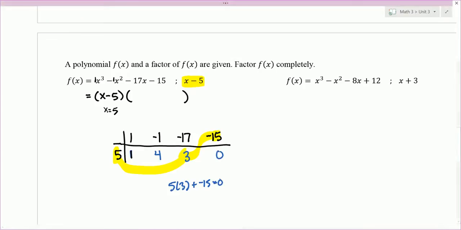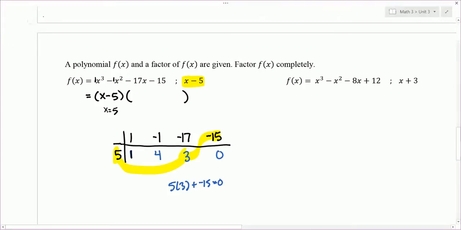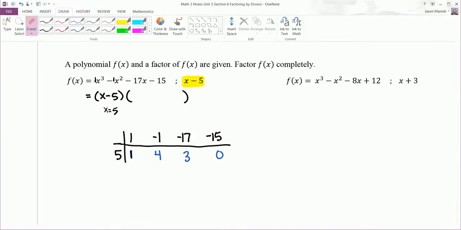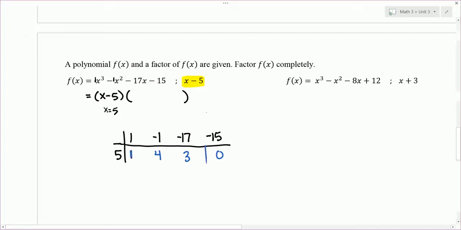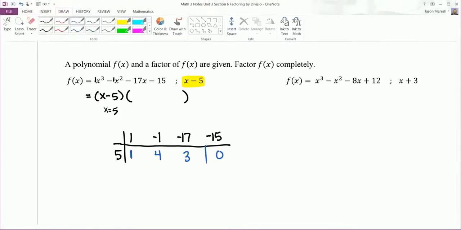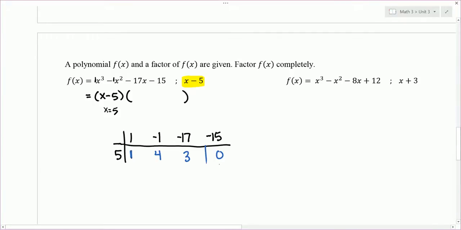And that's what we want, because remember, if x minus 5 is a factor and we divide by a factor, our remainder needs to be 0. Okay? So 0 is our remainder.